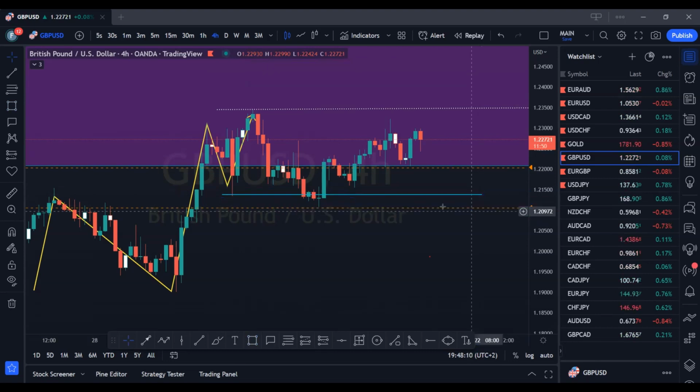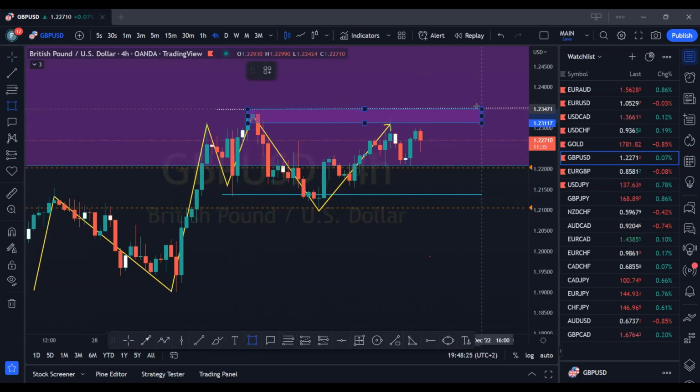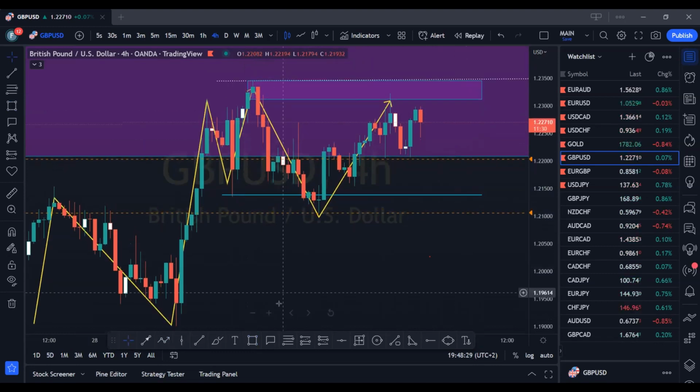Let me delete this here. And then what can we see price do? You can see the break of this zone, and then we can see price retracing. Price has retraced to this extreme. Something very similar to what's going on in gold is also happening on GBP USD.